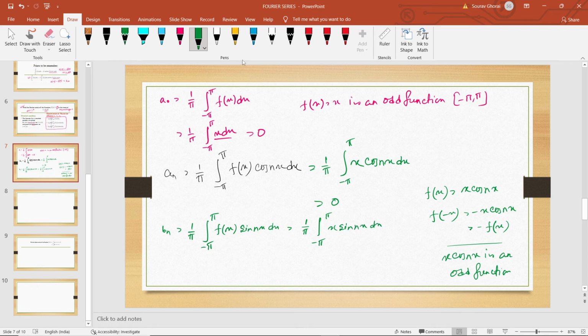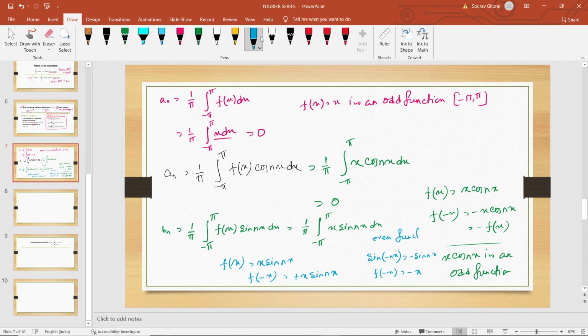And you can check here that for f of x is equal to x sin nx, f of minus x is equal to plus x sin nx, because you know that sin of minus nx is equal to minus sin nx, and f of minus x is equal to minus x. So if you multiply it, you get plus x sin nx. So this is now an even function.